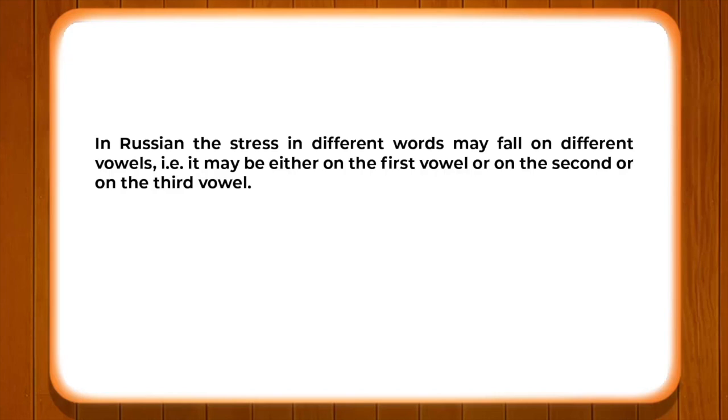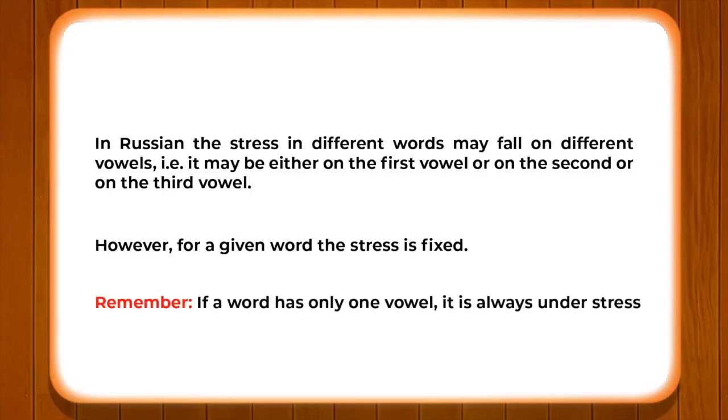However, for a given word, the stress is fixed. So please remember, if a word has only one vowel, it will always be under stress. Simple and clear. Alright, with this concept, now we will move ahead and look at the other concept of Russian phonetics.